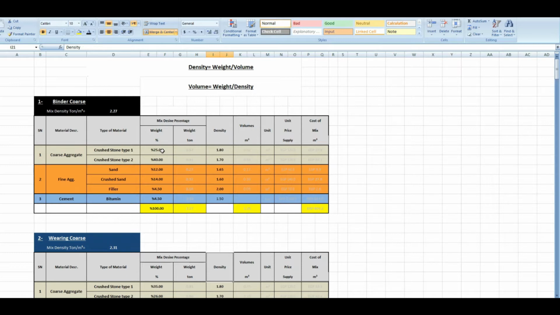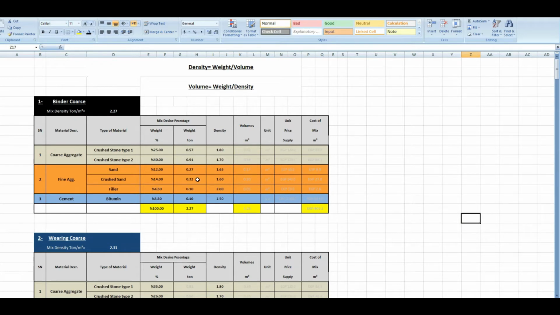This is 25% of the weight of a cubic meter of the mix. In this case, weight equals 25% multiplied by the density, and so on for the other raw materials.